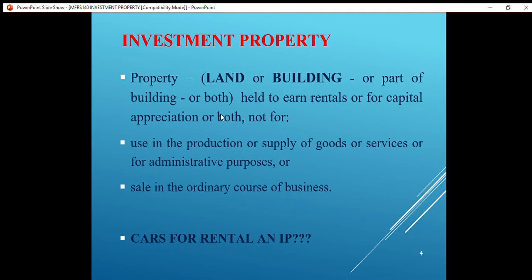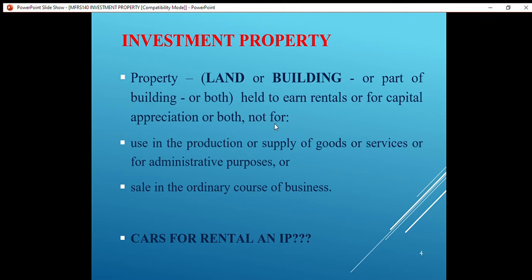So the investment property must be land, or building, or part of a building, or both, and it must be held in order to earn rental income or for capital appreciation. What is meant by capital appreciation? It means the property is held by an entity in order to have the value of the property increase over time.